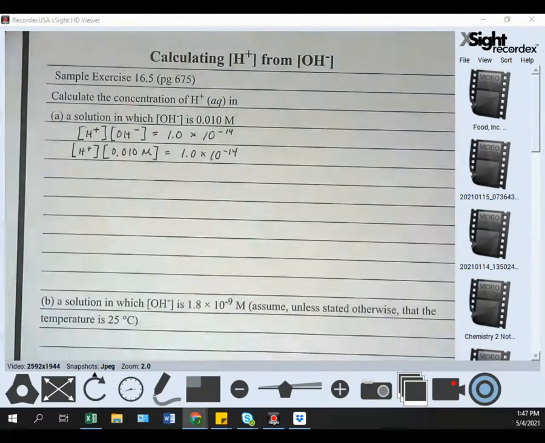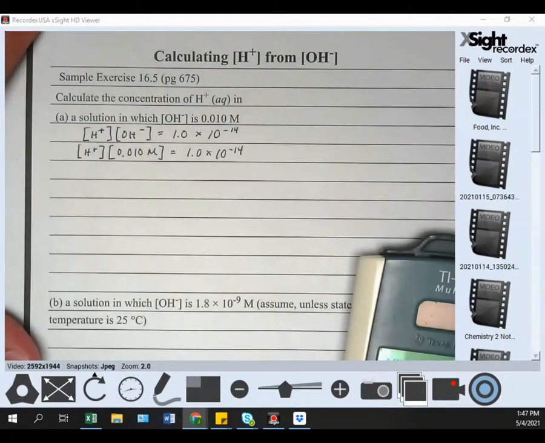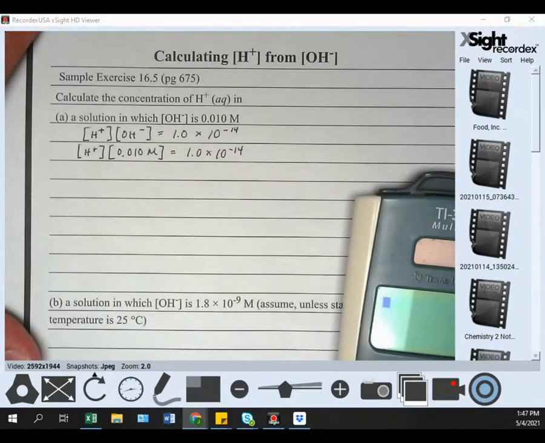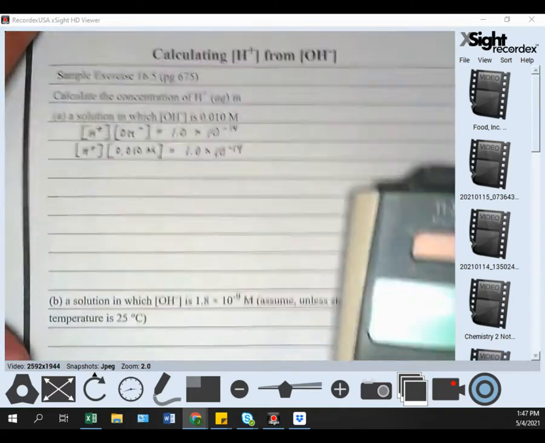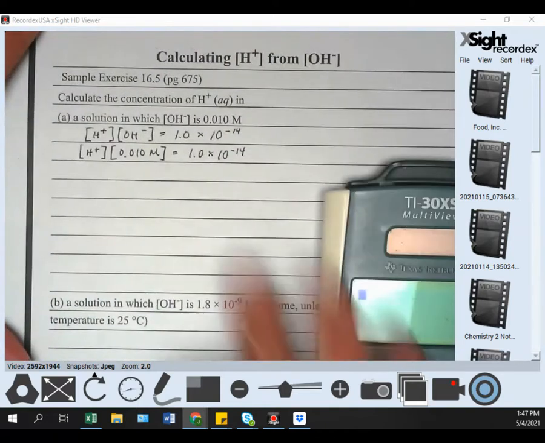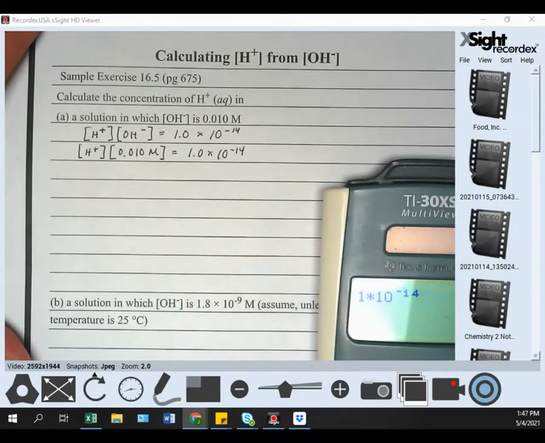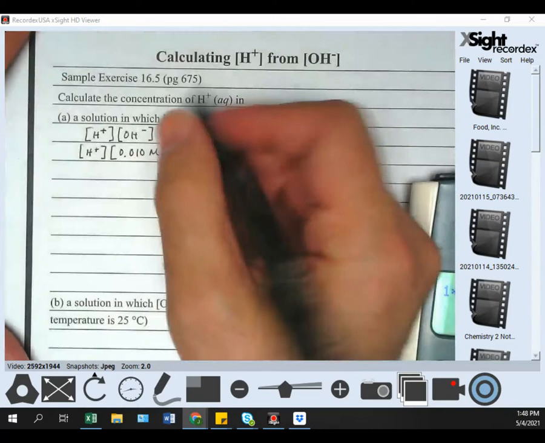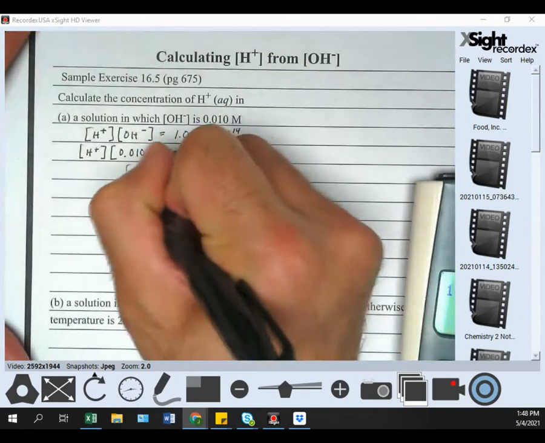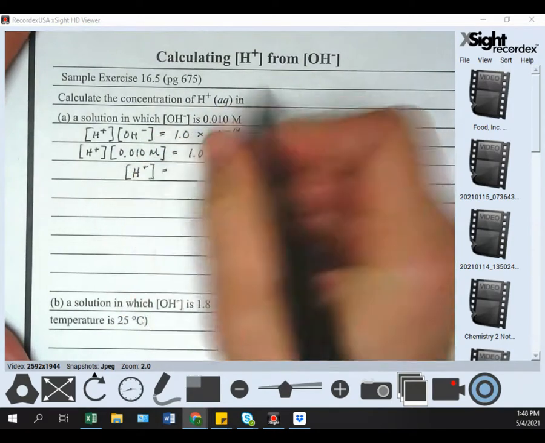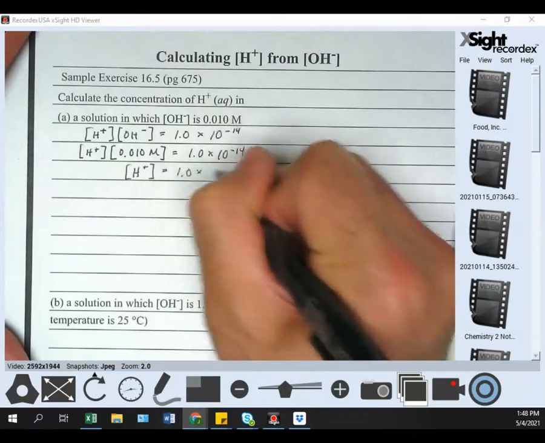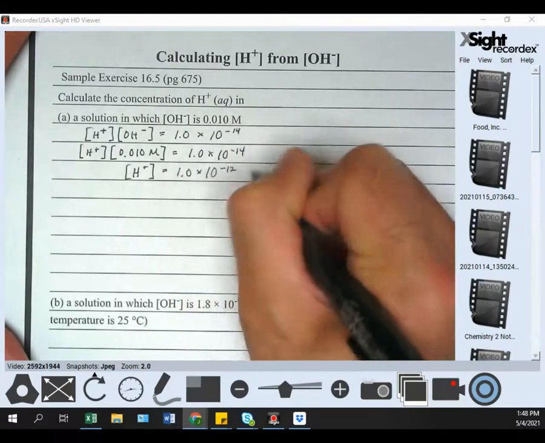So these look kind of complicated, but in reality, they're relatively simple. These at least are relatively simple algebraic problems. So you just take this divided by that, and we get a hydrogen concentration of 1 times 10 to the -12 molar.